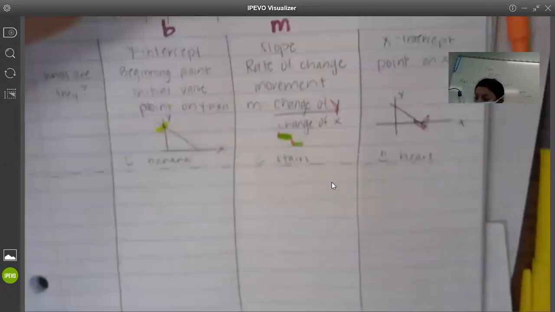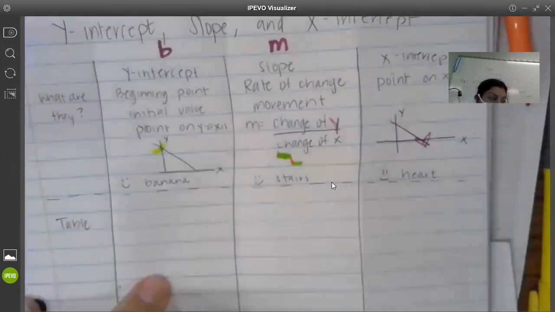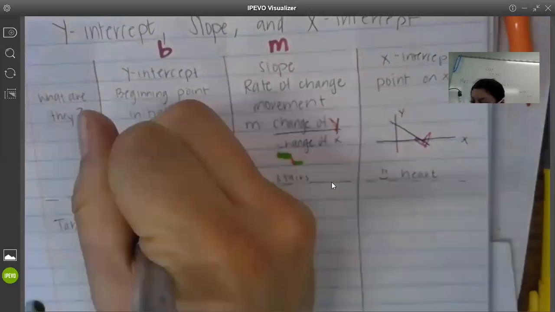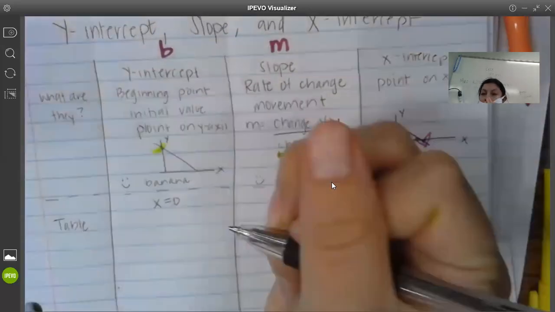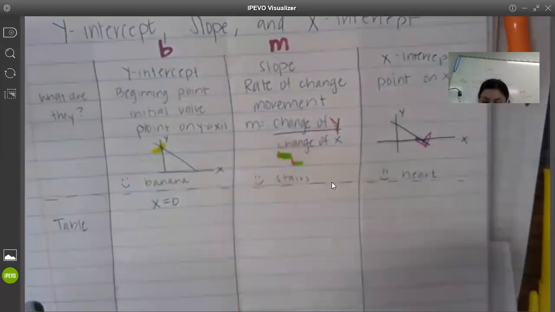So let's do the first one, the table. So for the Y-intercept, to get the Y-intercept from a table, what you're going to look for is where X equals 0. Wherever X equals 0, that's your Y-intercept. That's your banana.